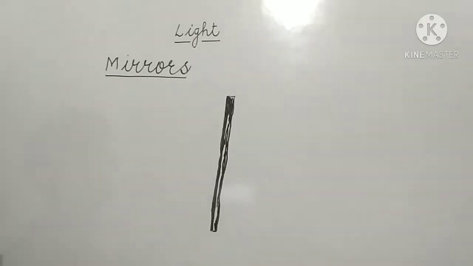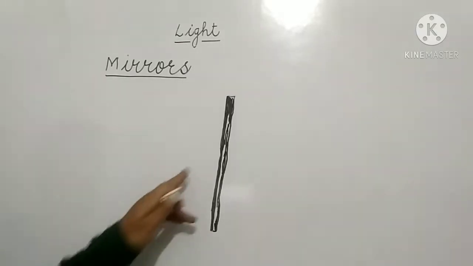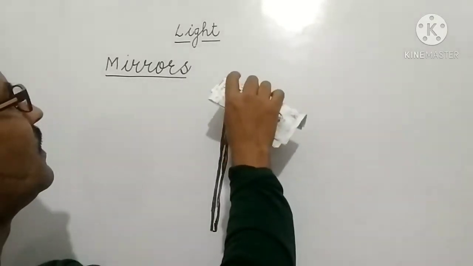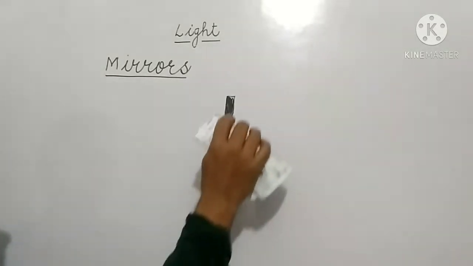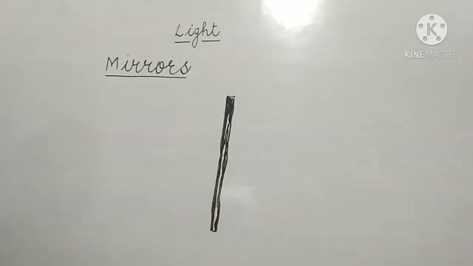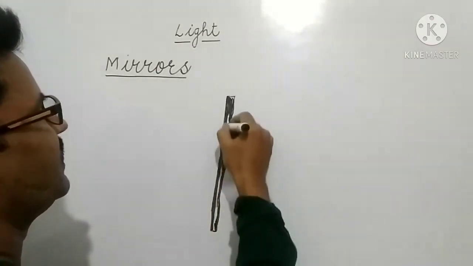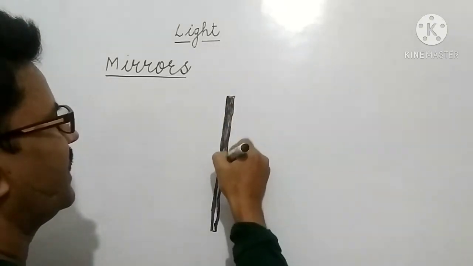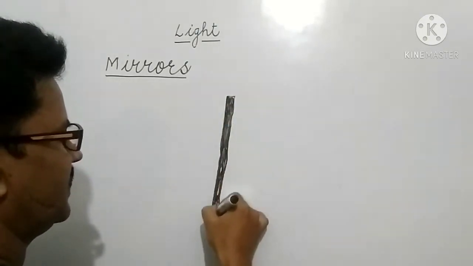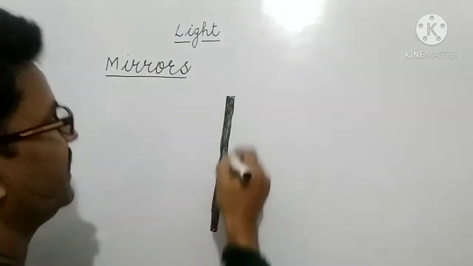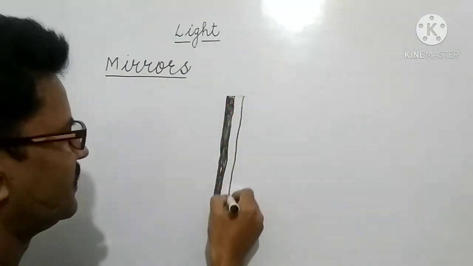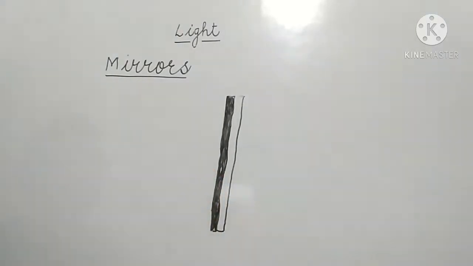First of all, we take a glass sheet. Then at the back, on one surface of the glass sheet, we paint the silver.